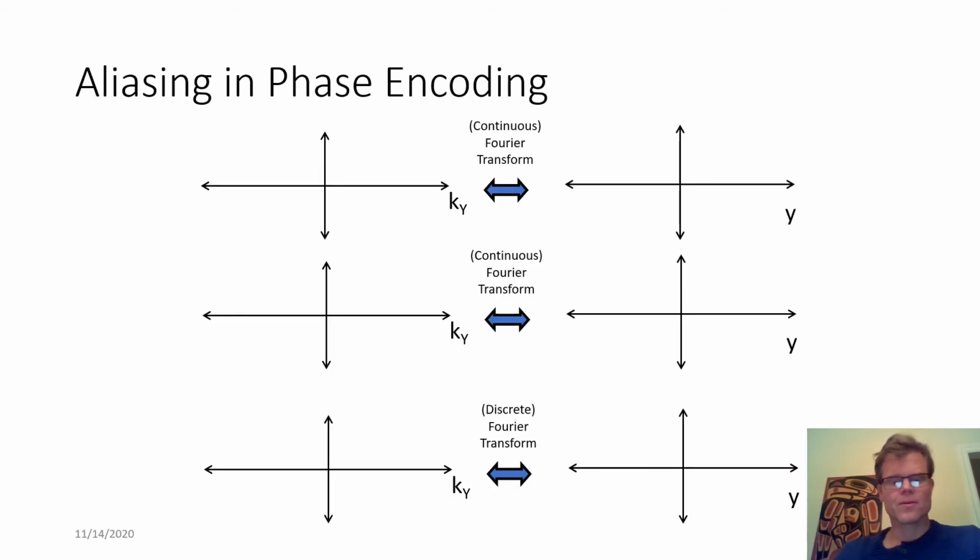So what can happen in phase encoding? We can look at the distribution of the spatial frequencies of our net magnetization in ky.